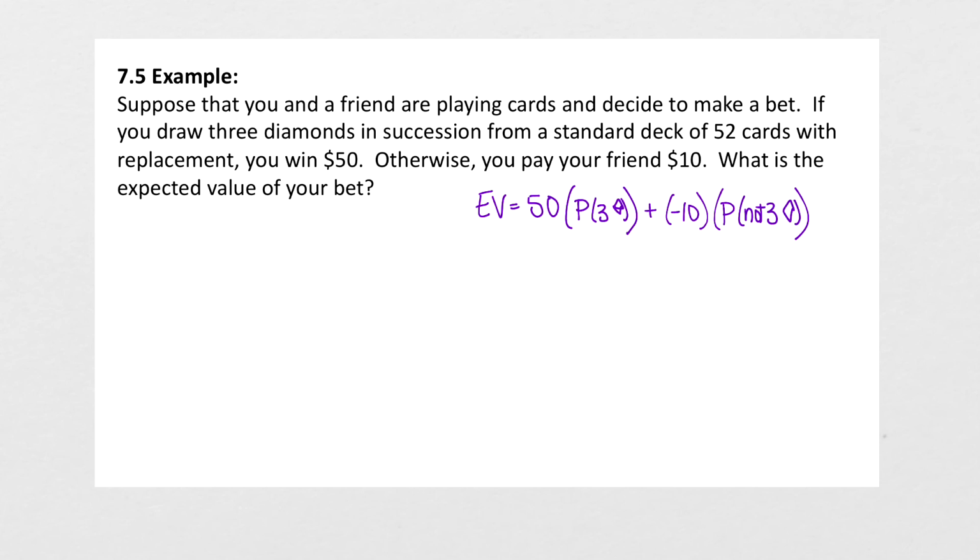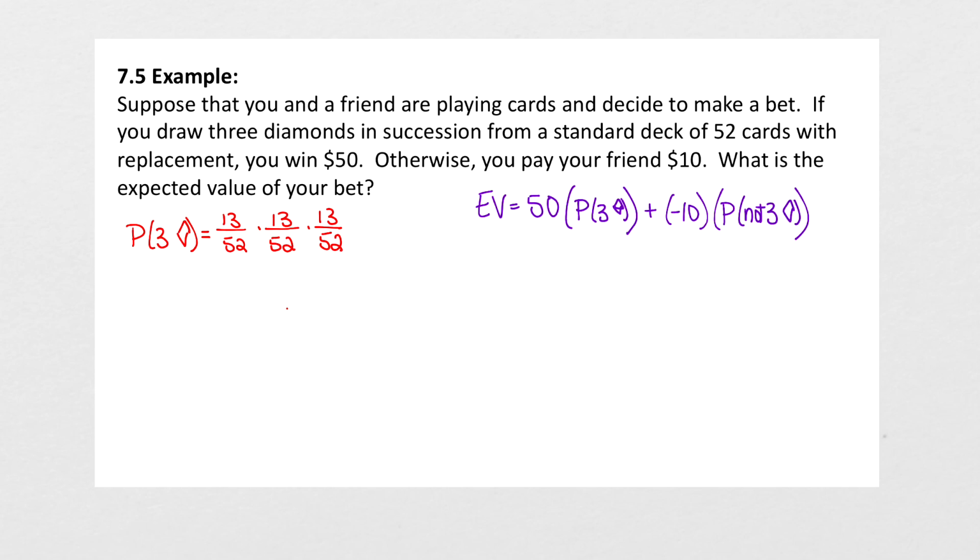Okay, so let's go over to the side and find the probability that we would draw 3 diamonds in a row. So the probability that you draw a diamond, there's 13 diamonds out of 52 cards. And it says that this is with replacement, so the second time would be 13 out of 52, and the third time would be 13 out of 52.